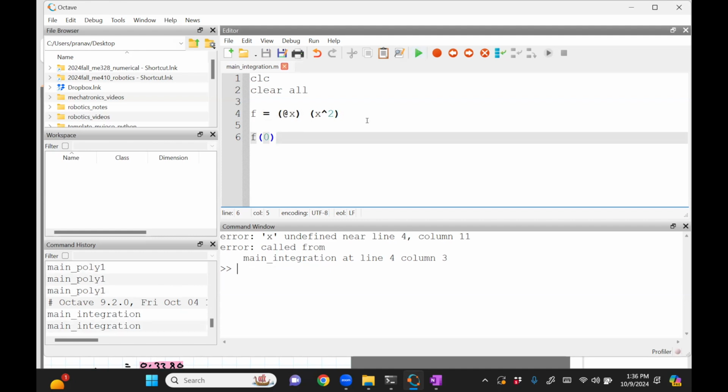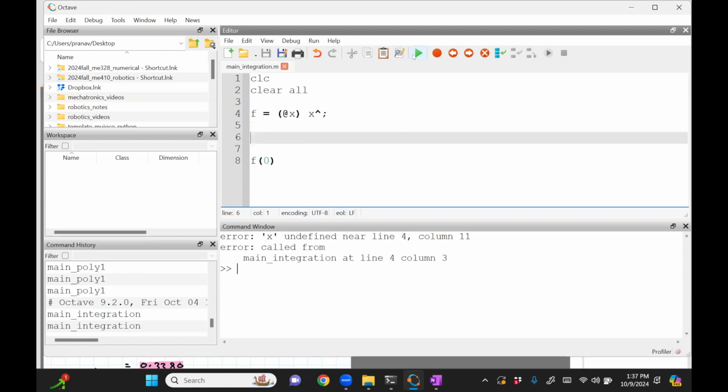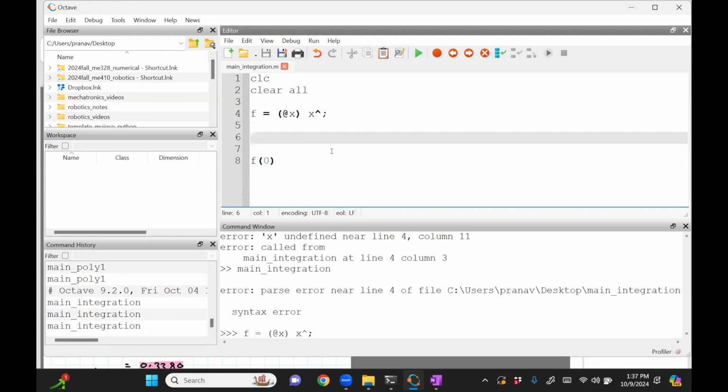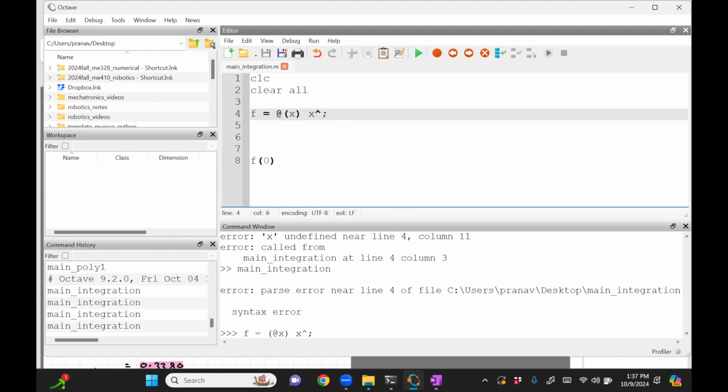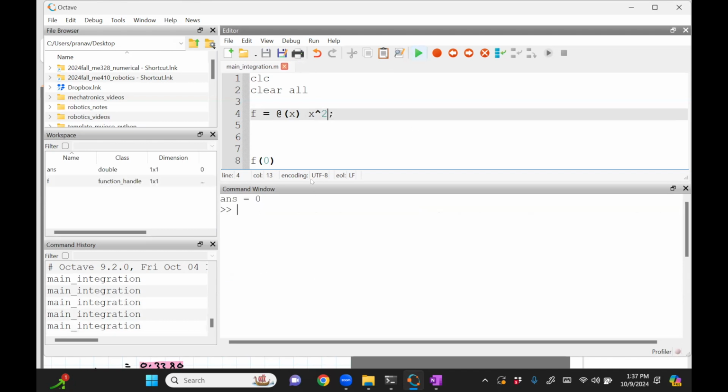No. So the syntax at x. Parse error. Oh, my bad. Should be at x. Okay. Square. Okay, so that works.